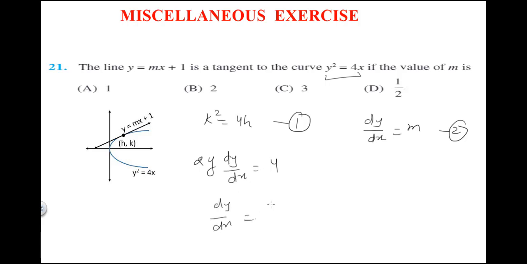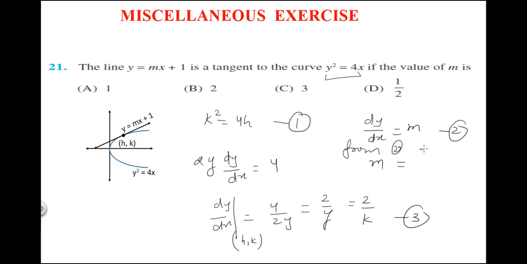So dy by dx is equal to 4/2y, or we can say 2/y. Now at which point is the tangent drawn? h comma k. So the slope will be 2/k. So, as second and third are both the slope of the tangent, we can write that m is equal to 2/k.